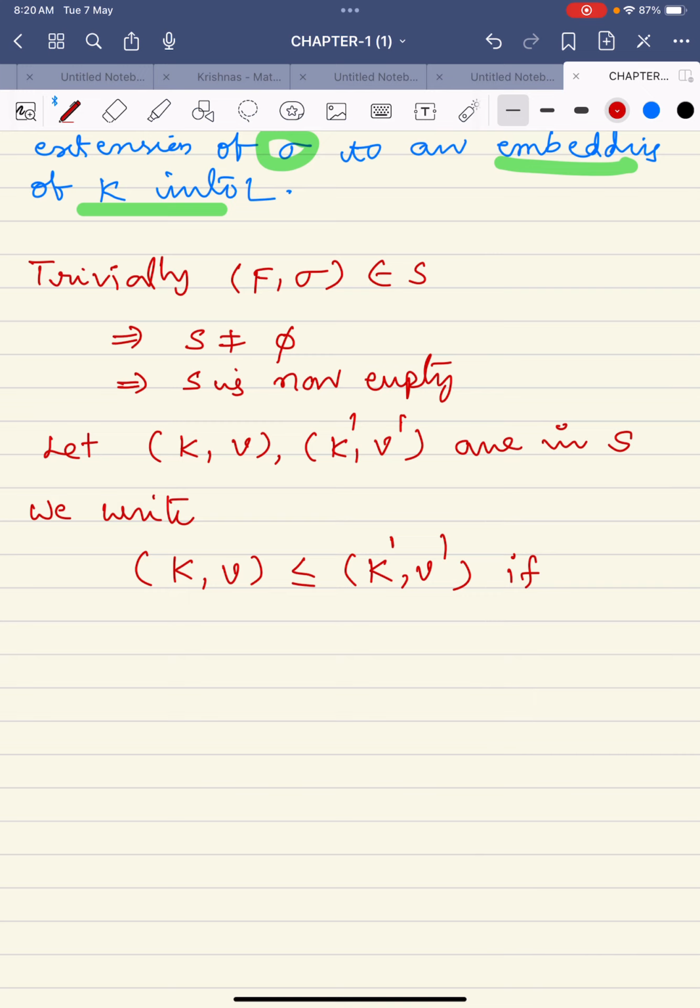If you conclude that, K is a subset of K dash. So I repeat here, we are choosing two ordered pairs, and K comma V is less than or equal to K dash comma V dash whenever K is a subset of K dash and V dash restricted to K is V.